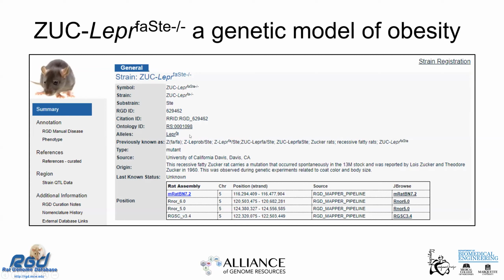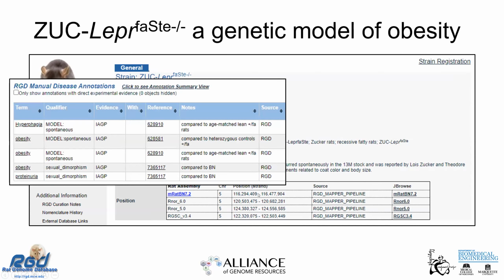It tells you what the allele is, if there is one, which in this case there is. It tells you something about the origin of it, and where position information is available, it gives position information on multiple assemblies. Below that, it will have the list of disease annotations that have been made for this particular strain.